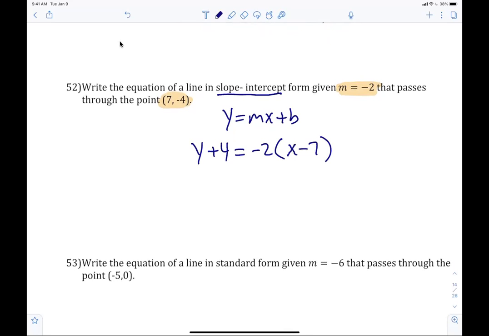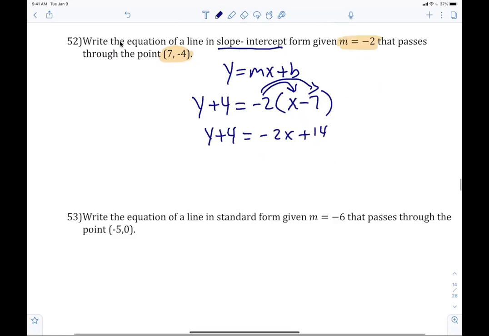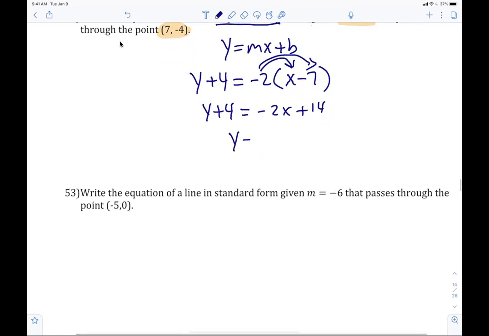Now we're just converting that to y equals mx plus b. What do I need to do from there, Nate? You're going to eventually subtract 4, but first we should go ahead and distribute. So that equals -2x plus 14. Then subtract 4, and you get -2x plus 10. Easy. That's your answer.